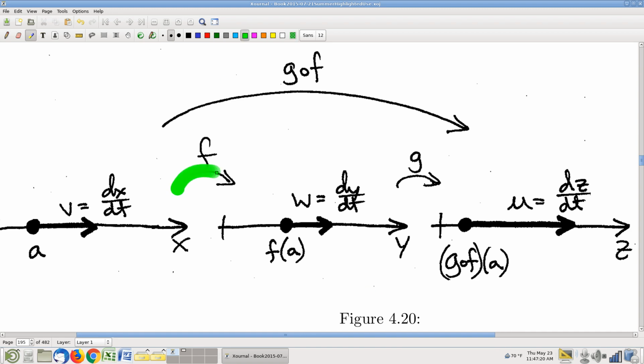F is being evaluated at this point A. It's at that point A that we're interested in how changes in X translate into changes in Y. So the derivative, likewise, is evaluated at that same point A. Likewise, the composition is being evaluated at A. It is at A that I'm interested in knowing how X changes translate into Z changes. So the composition, we'll note in 2 seconds, is evaluated at A.